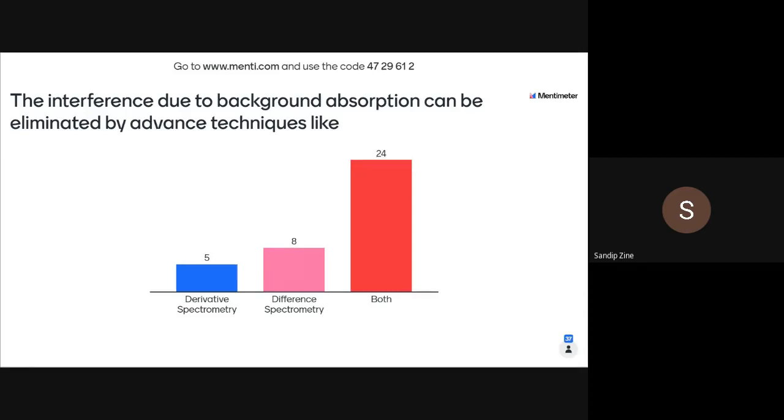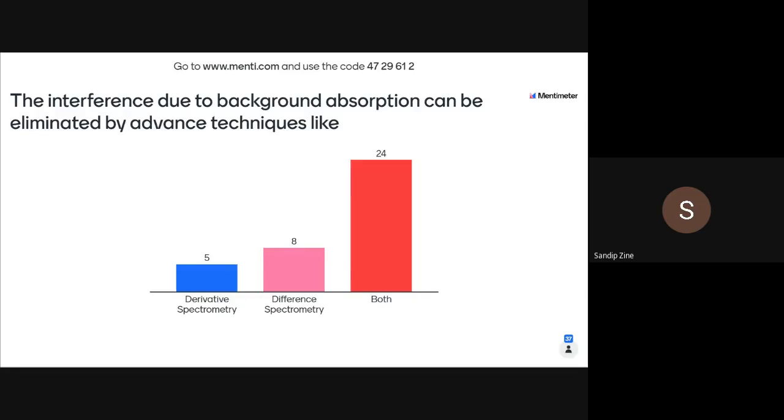The correct answer is, it is generally used for the background correction. And you know what is the meaning of background? That is peaks associated with impurities. And it is used for the selective analysis of compounds producing overlapping bands in their UV spectra when present in a mixture.